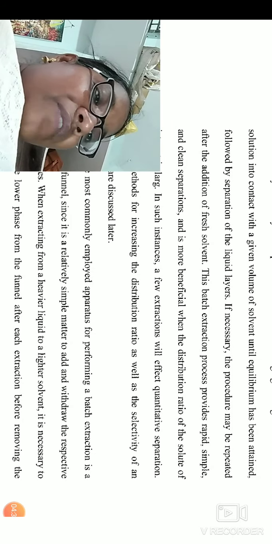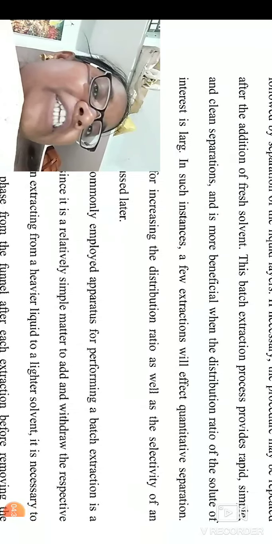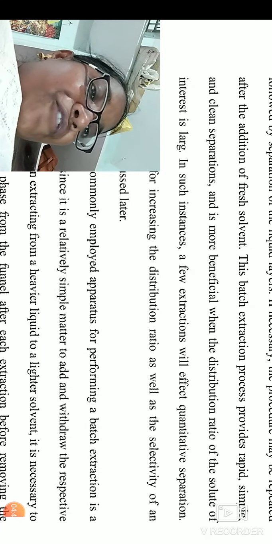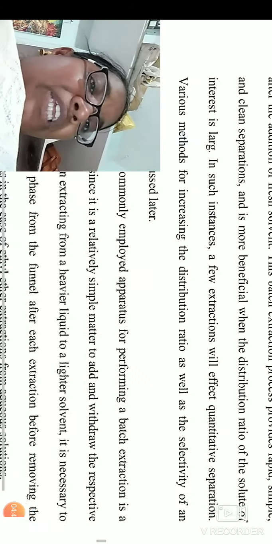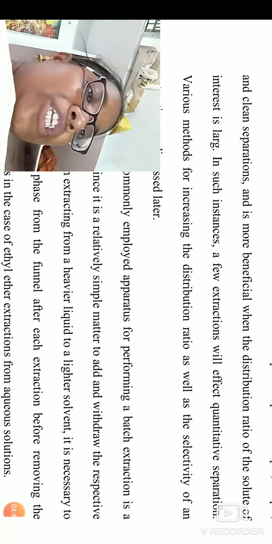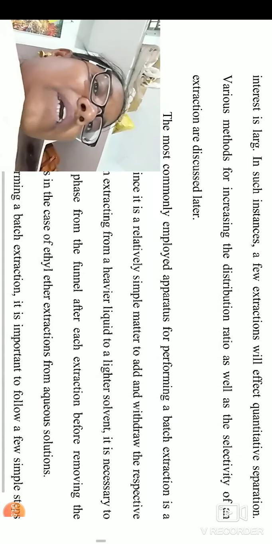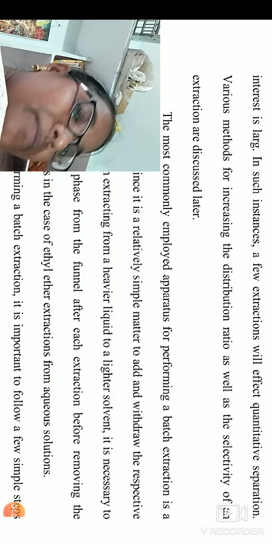This batch extraction process provides rapid, simple and clean separations, and is more beneficial when the distribution ratio of the solute of interest is large. In such instances, a few extractions will effect quantitative separation. Various methods for increasing the distribution ratio as well as the selectivity of an extraction are discussed later.